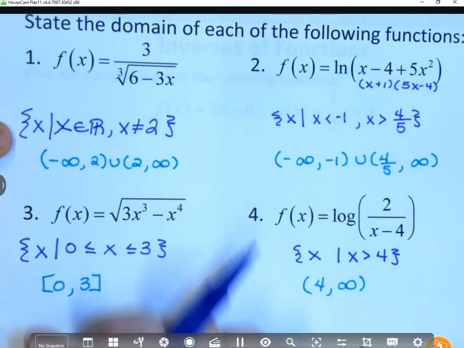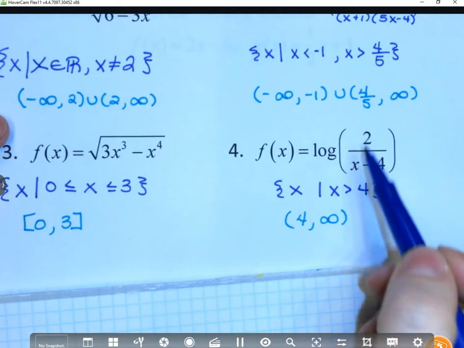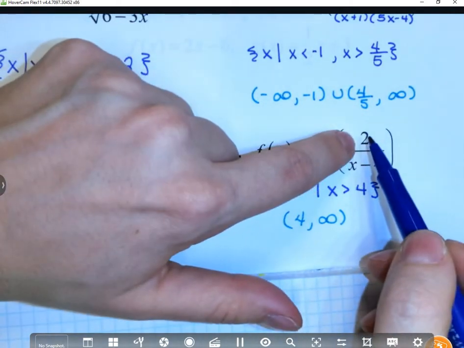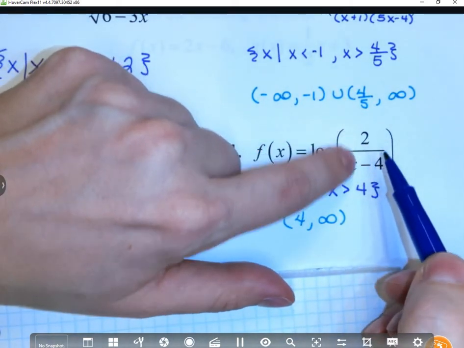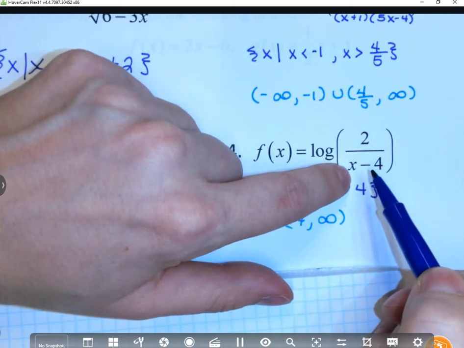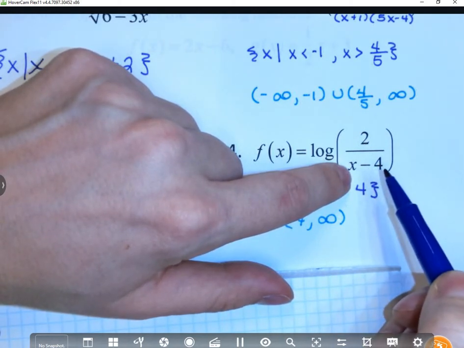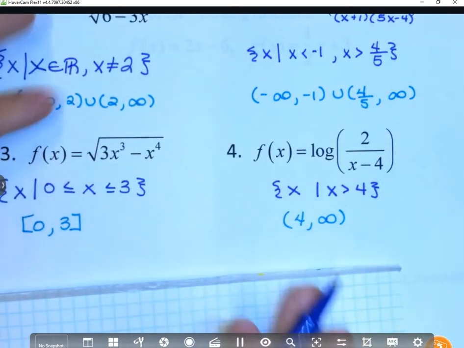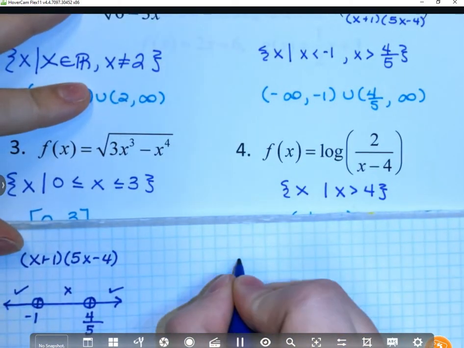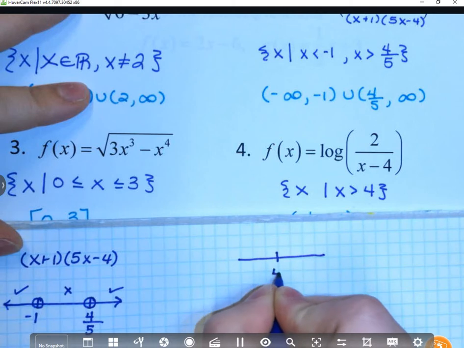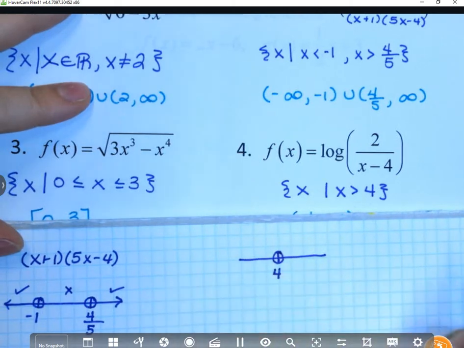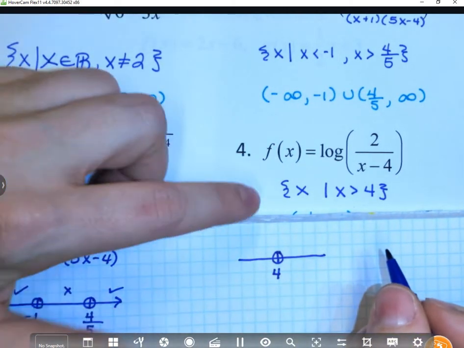Okay, so for number 4, there's only one thing. There's no number I can put in the top to get 0, right? But there is a number in the denominator. If I put a 4 in there, I get a 0 out, and I know that's bad. So with that one, I know I have 4, I know it can't be 4, so now it's just a matter of checking.